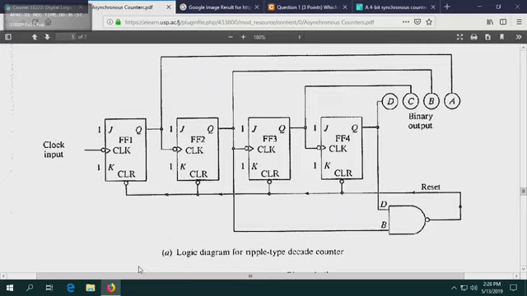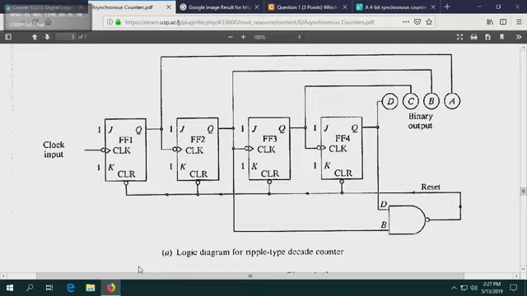If D and B are both 1, thereby what will happen? The output from the NAND gate will be 0, the clear line becomes 0, which means all the clears are fixed together. So, 1, 0, 1, 0 is what number? The number 10, right? So, this thing counts from 0 till 9, because at the number 10, the clear line activates, right? Okay? All right, so it counts from 0 to 9.